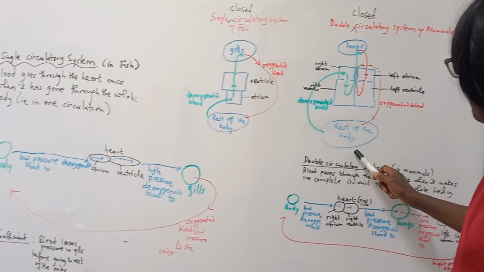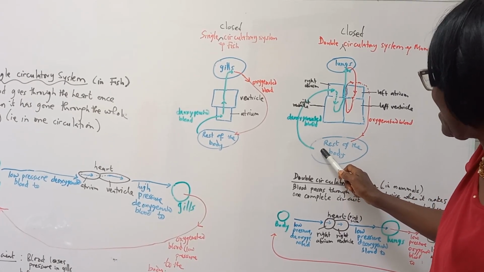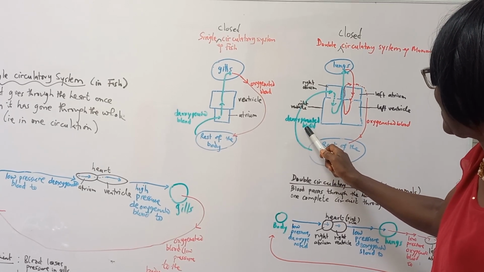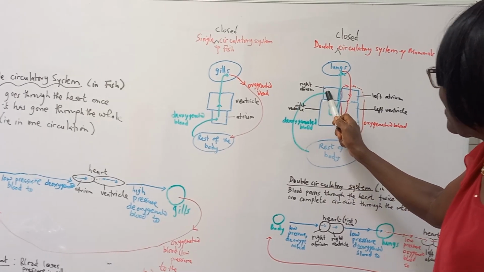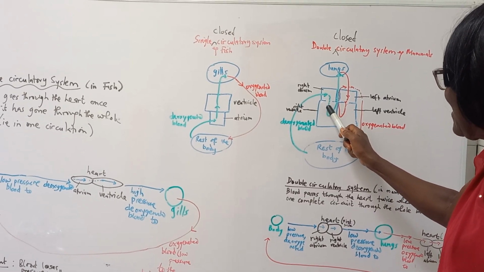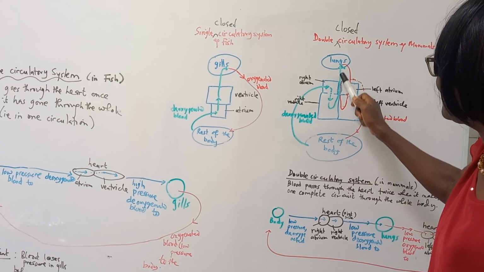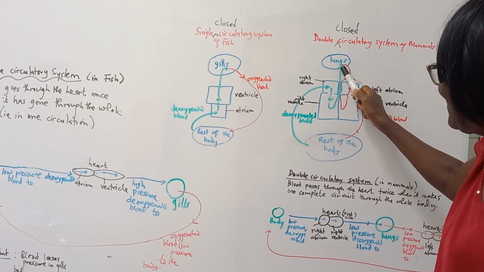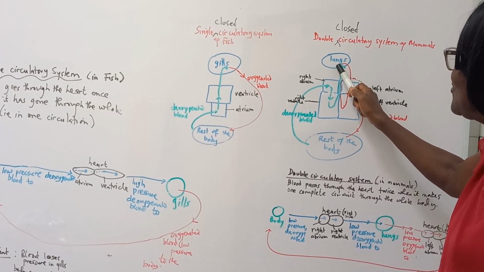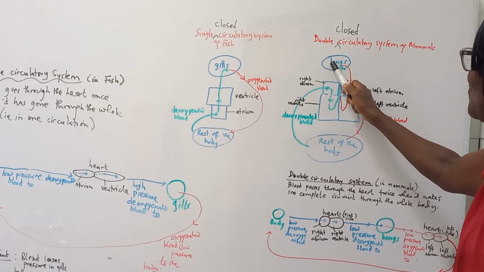Blood from the rest of the body, which has lost oxygen and pressure, is deoxygenated, low pressure. It goes to the right side of the heart, the right atrium, and moves to the right ventricle to be pumped with pressure before it goes to the lungs to be oxygenated. And when it has gone through the lungs to be oxygenated, it loses pressure because it went through capillaries.